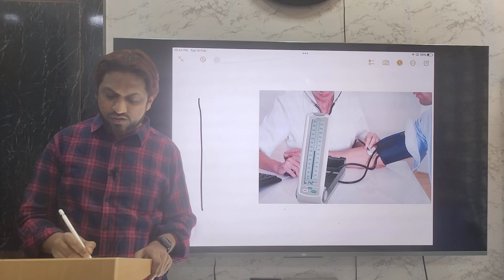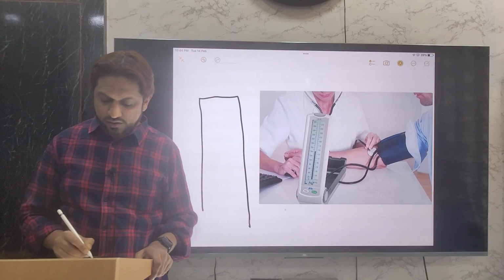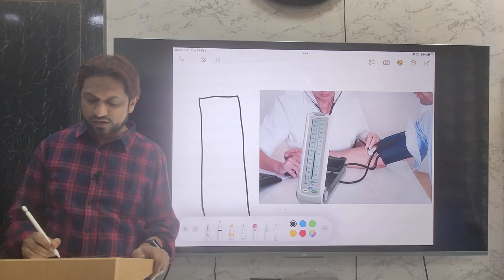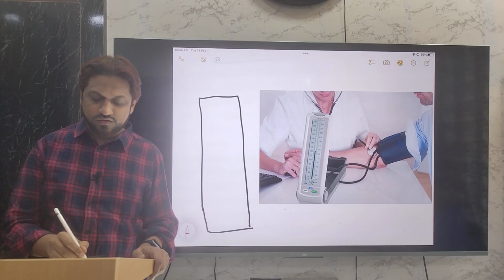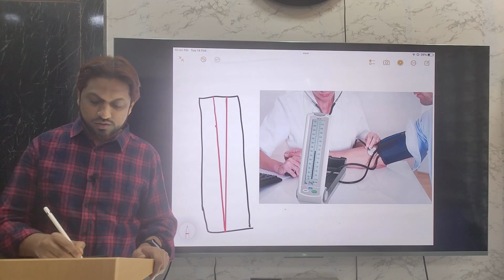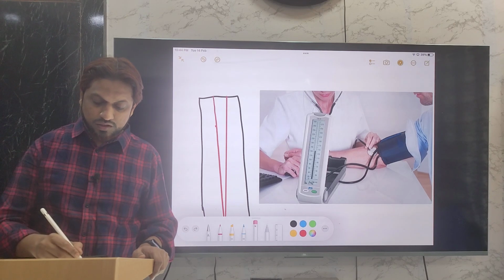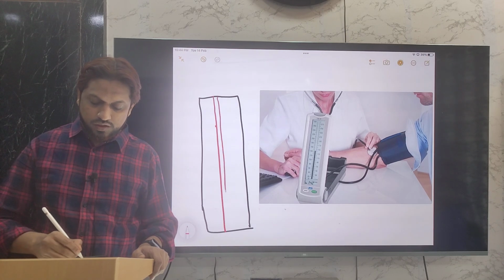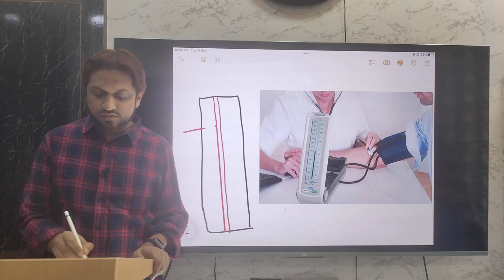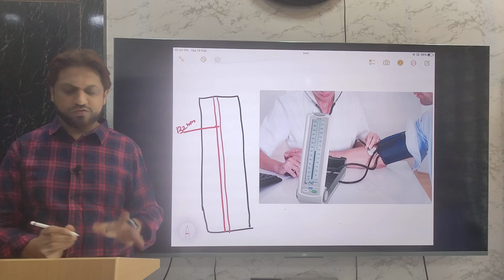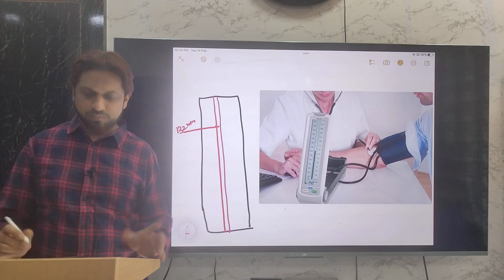Consider this as the manometer of the sphygmomanometer. I'm just drawing here for the sake of better understanding. Inside this is the mercury column, and there will be readings. Suppose the reading here is 132 millimeters, the systolic blood pressure, just a hypothetical example.